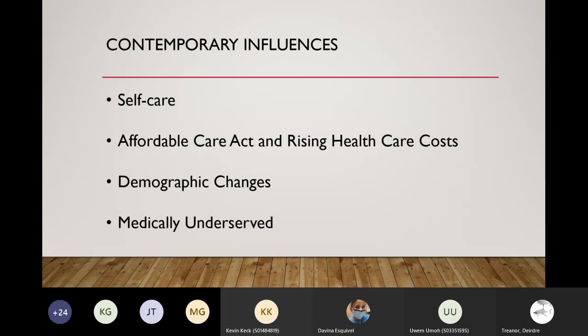So, the Affordable Care Act, that's how healthcare is paid for and delivered. Some of you may think of it or know of it as Obamacare, it is actually not. Parts of the Affordable Care Act were actually instituted prior to Obama being president.